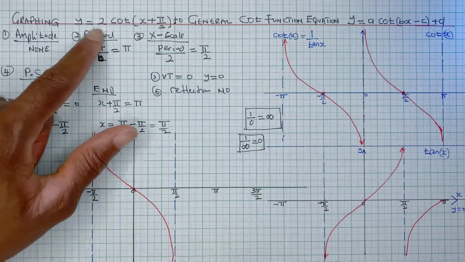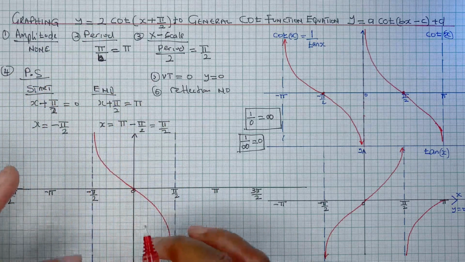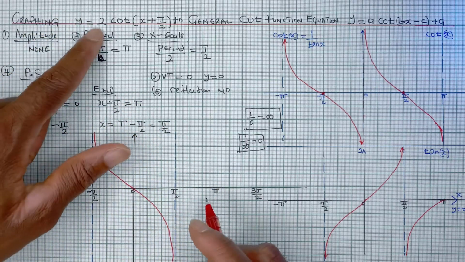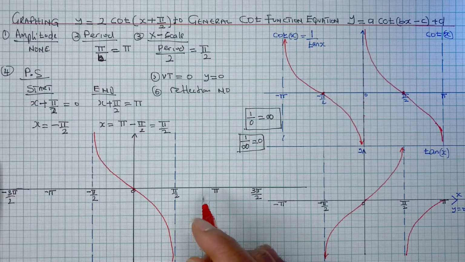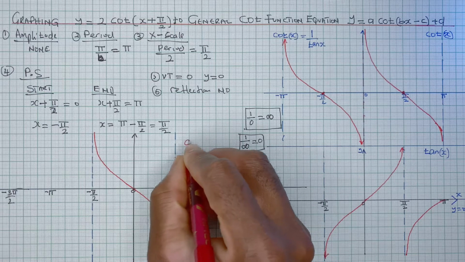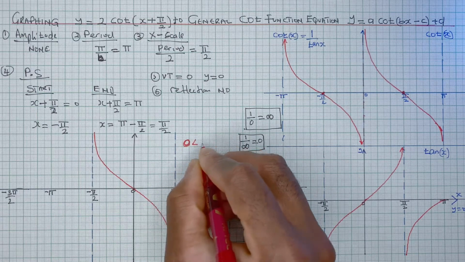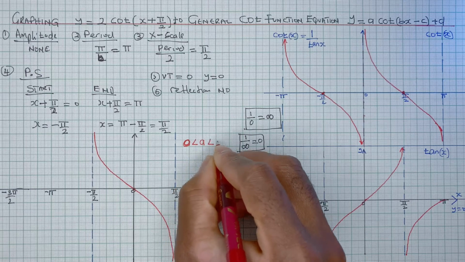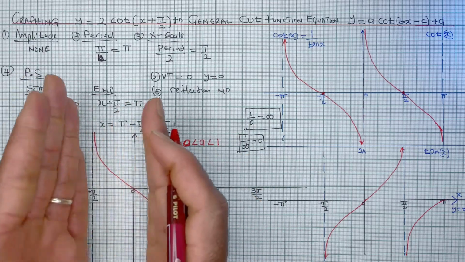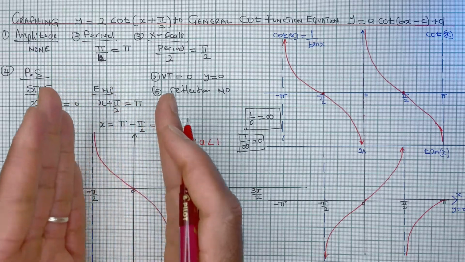So what's the function of the 2? Well, the 2 is just making the curve slimmer, so therefore it travels faster. If A, let's write it here, if the A value is between 0 and 1, it will make this curve broader, much wider, so it will travel slower.